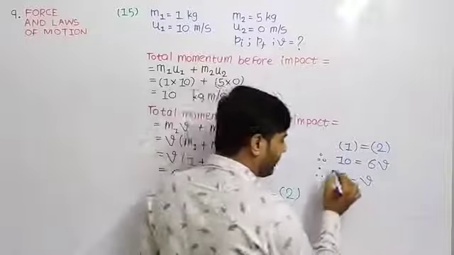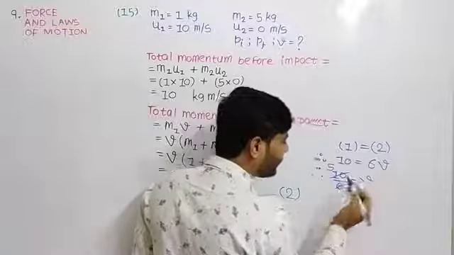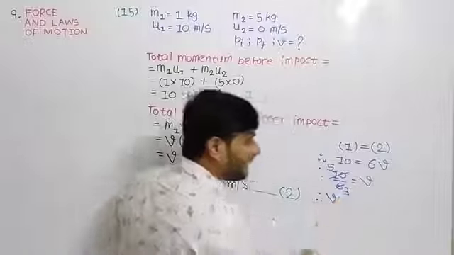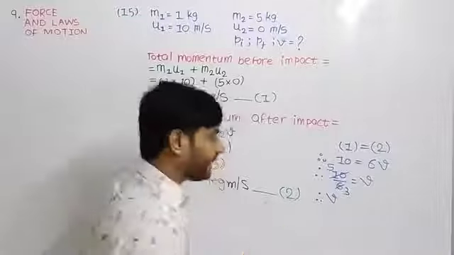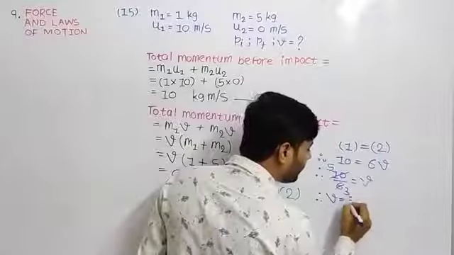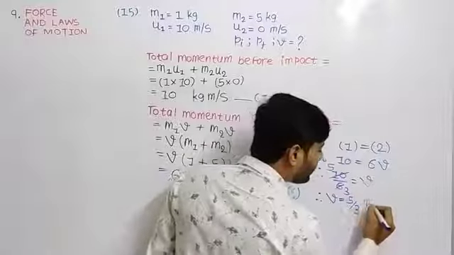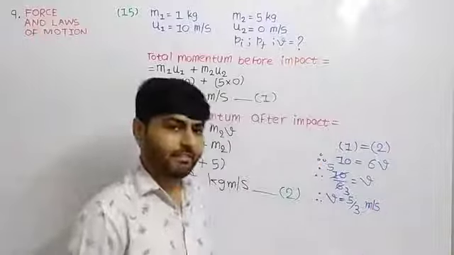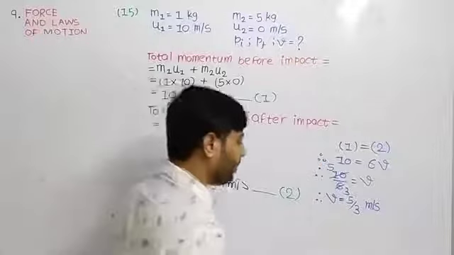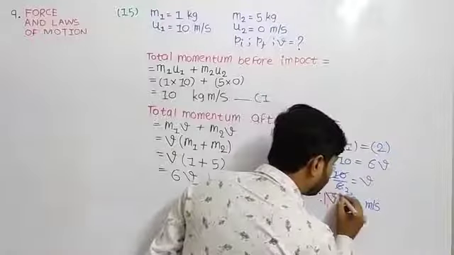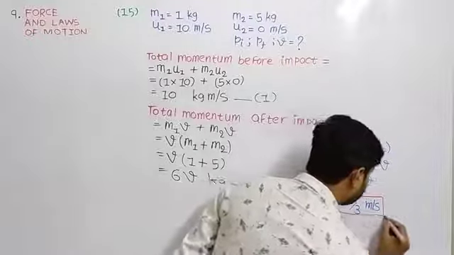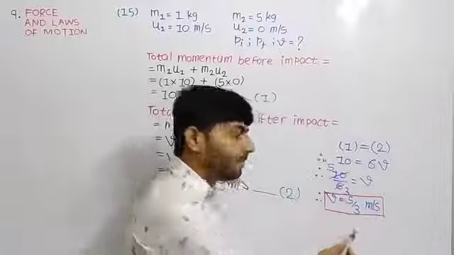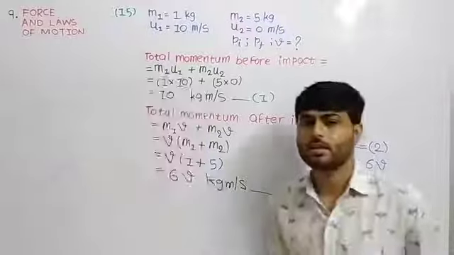It will be cut, 5 twos and 3 twos. So I have velocity after impact is 5 by 3 meter per second, and this velocity will remain the same for both objects. So I have the answer: velocity after impact will be 5 by 3 meter per second.